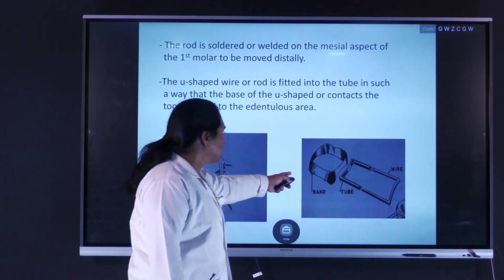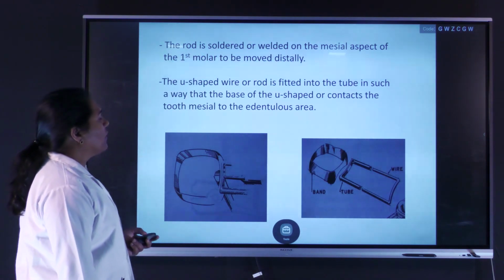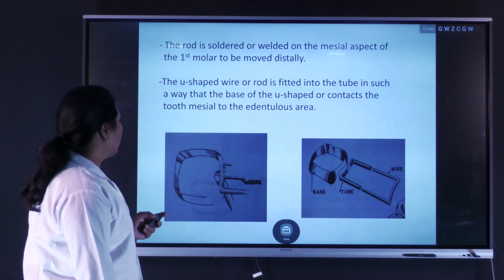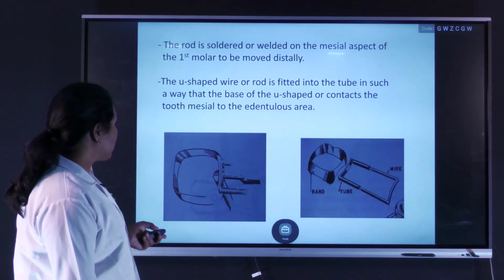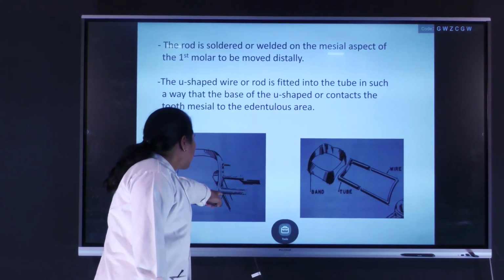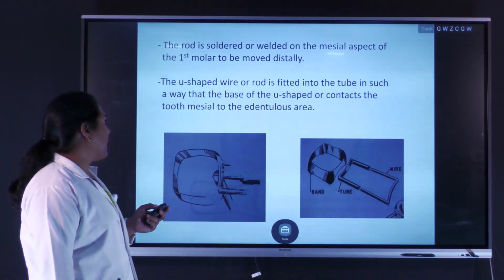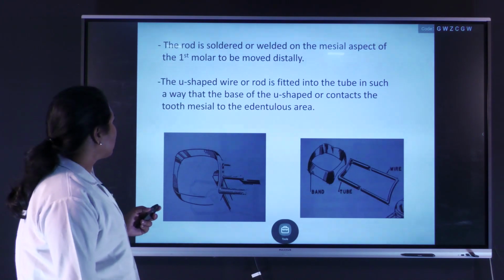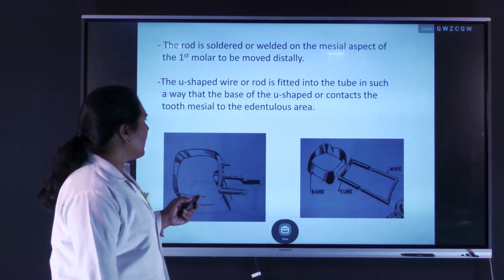There is a band that will be placed on the molar, and you have a hollow tube and a solid rod. The tube is soldered or welded on the mesial aspect of the first molar to be moved, onto the molar band which sits on the molar, and a U-shaped wire or rod is fitted into the tube in such a way that the base of the U contacts the tooth mesial to the edentulous area.